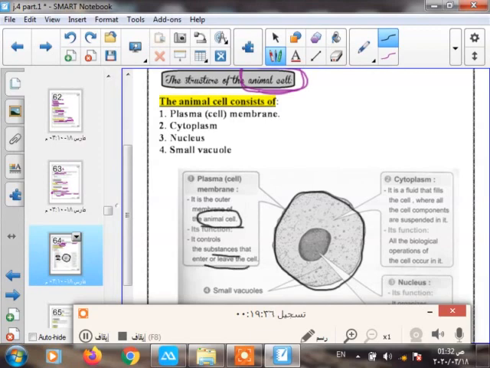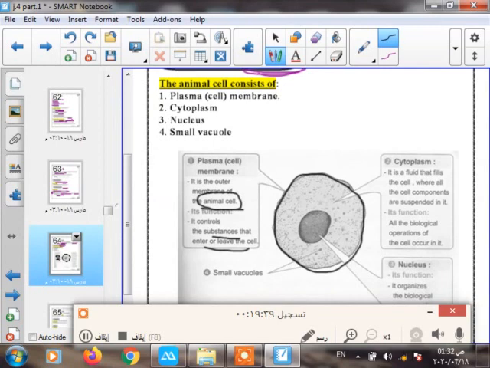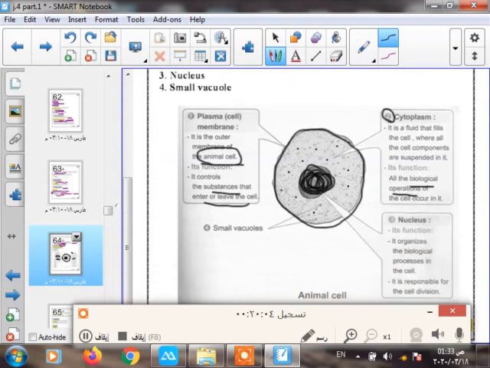Number two, cytoplasm. It's a liquid inside the animal cell. What is the function of cytoplasm, as we said before? All biological operations or processes happen in it. And we have the nucleus, which makes the food... I mean organizes all biological operations.